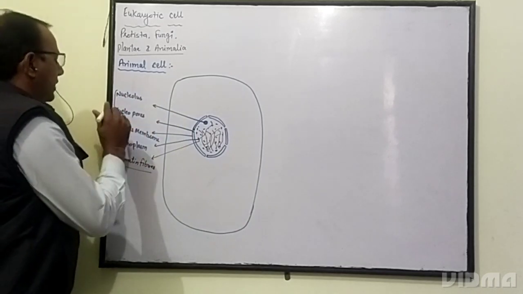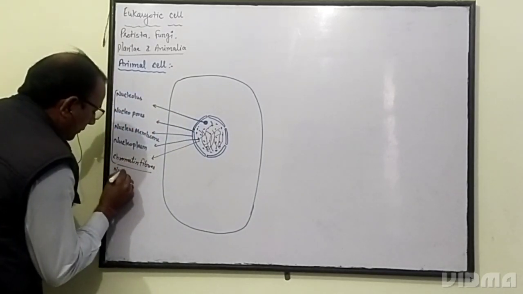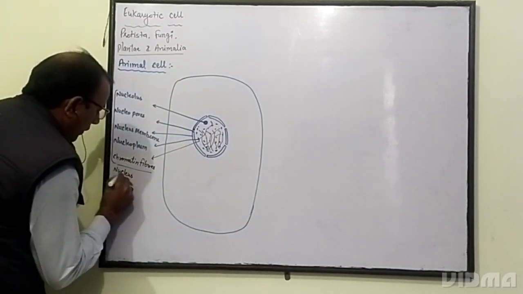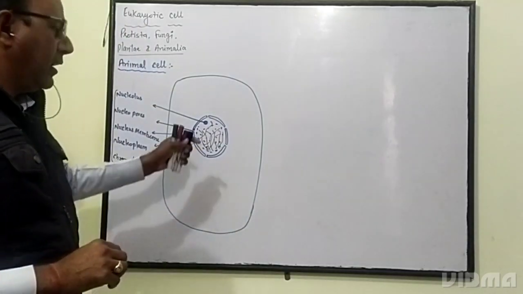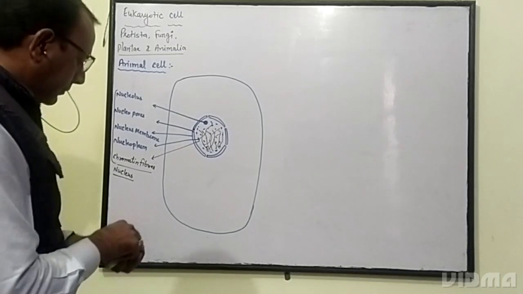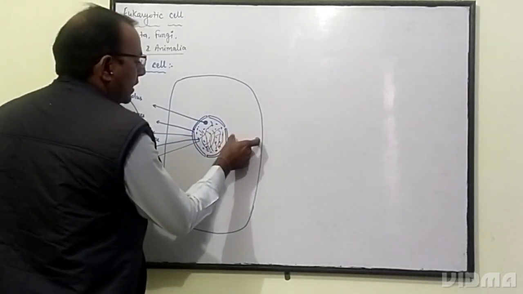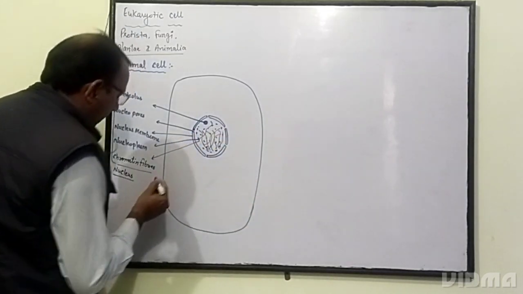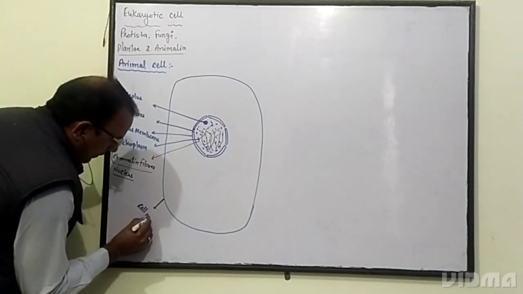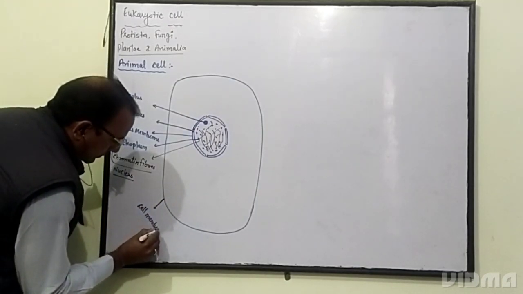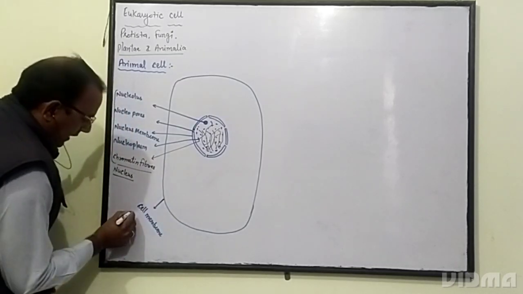In an animal cell, the nucleus is present spherical and central. The outer membrane is called the cell membrane or plasma membrane.